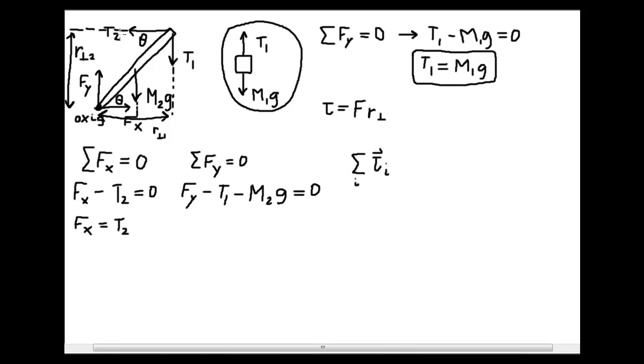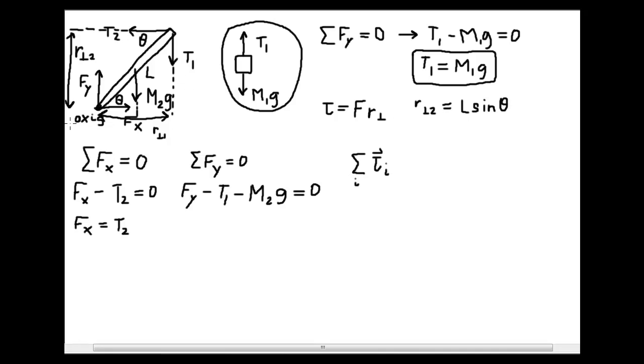So we'll start with T2. We want T2 times this R perpendicular 2 distance, which is the side opposite the theta in the right triangle. Remember that the beam itself has a length L. So R perp 2 is going to be L times the sine of theta, because L is the hypotenuse, theta is the angle that's indicated, and the side that we want is the side opposite the angle.